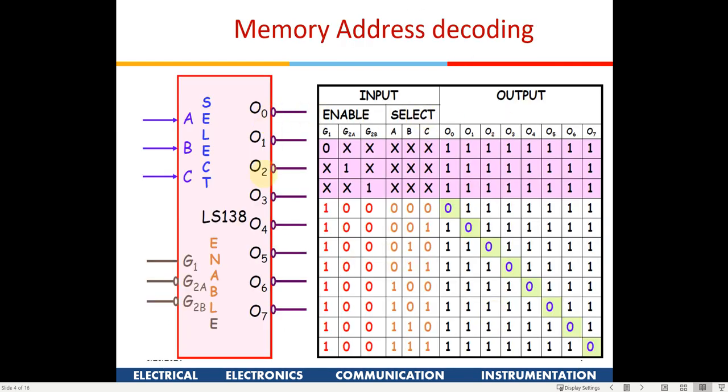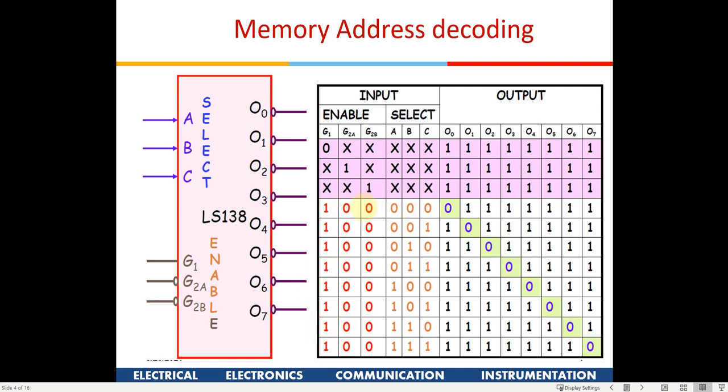Now, as I explained in the last class, the LS138 is a decoder in which we have to give G1 as 1 and G2A and G2B as 0.